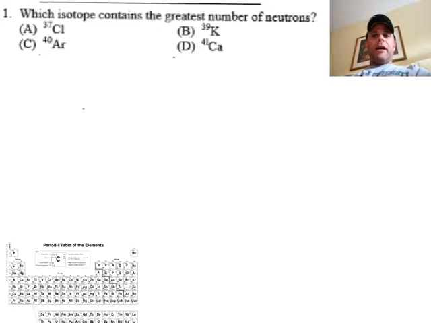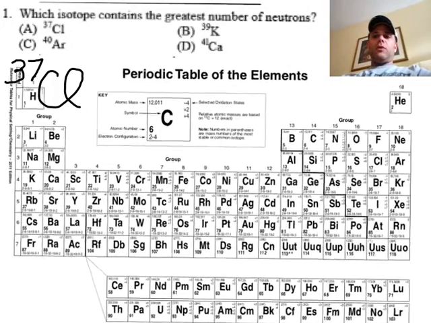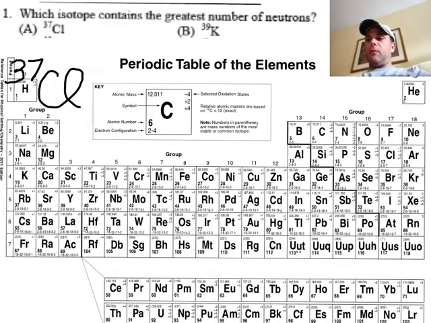Number one, which isotope contains the greatest number of neutrons? So let's examine each of these individually. Chlorine has a mass of 37, and let's examine what its number of protons is by looking at the periodic table.